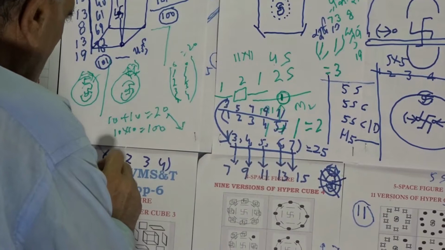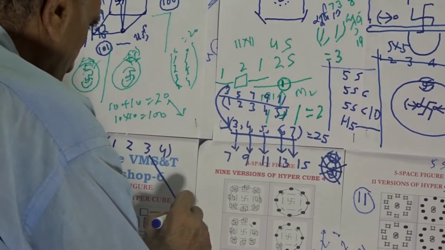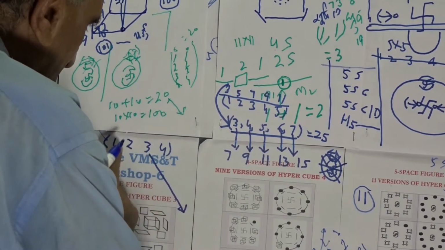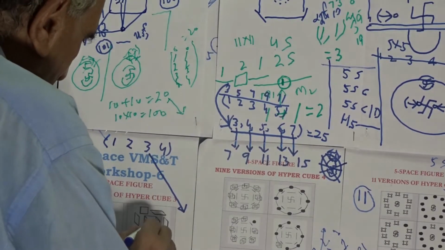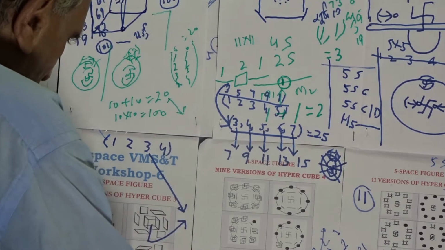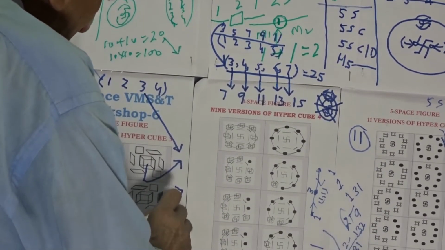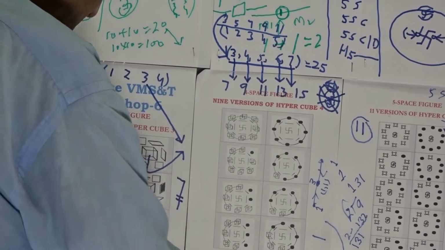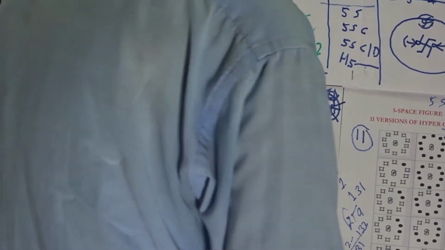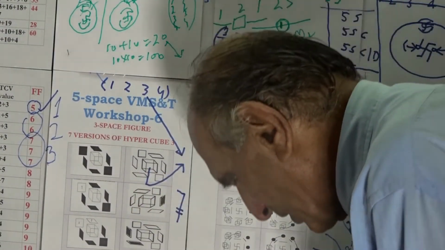Hypercube 3 means 3 space content manifesting as the domain fold, and this domain fold is of 7 versions. These are the 7 versions, the representative regular bodies of the 7 geometries range of 3 space.